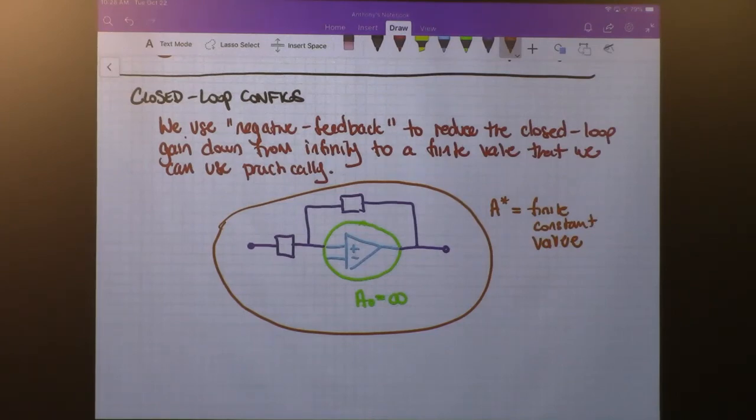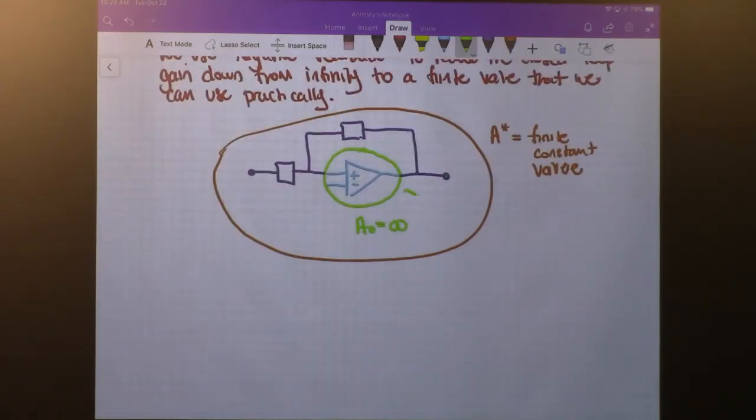be talking about. So open loop is what's inside the green. And closed loop is what's inside the orange. So when we talk about open loop configuration, that's the amp by itself.